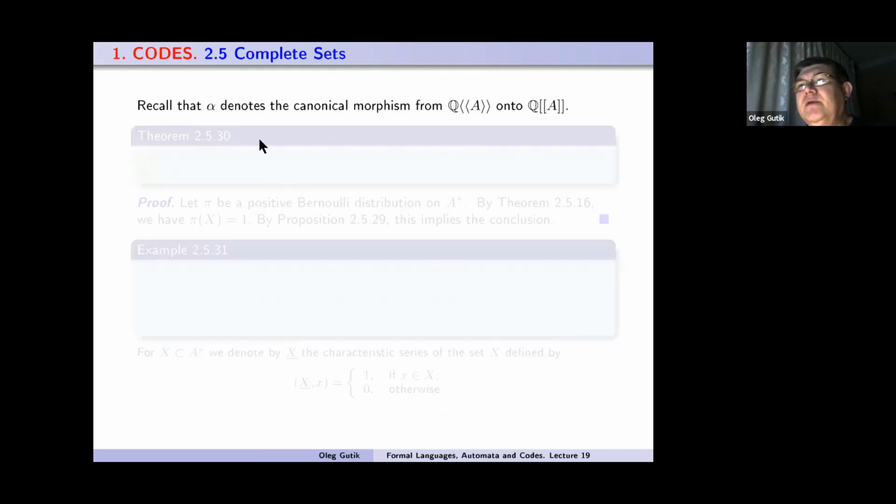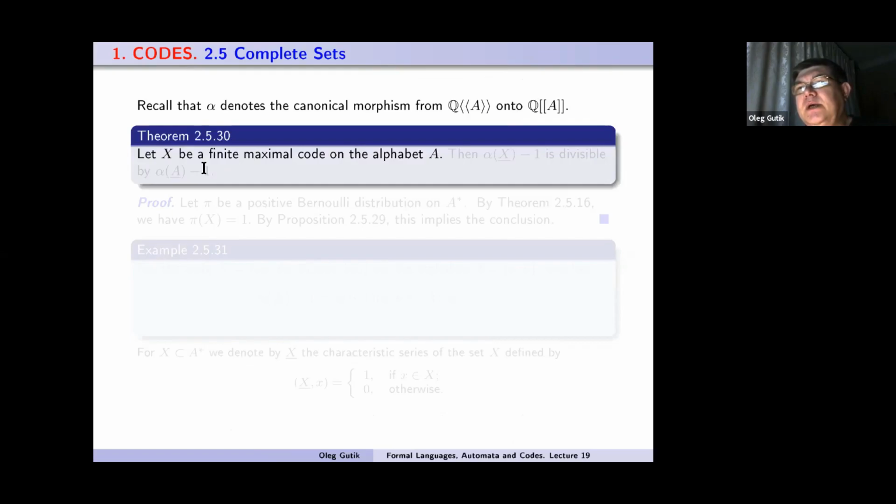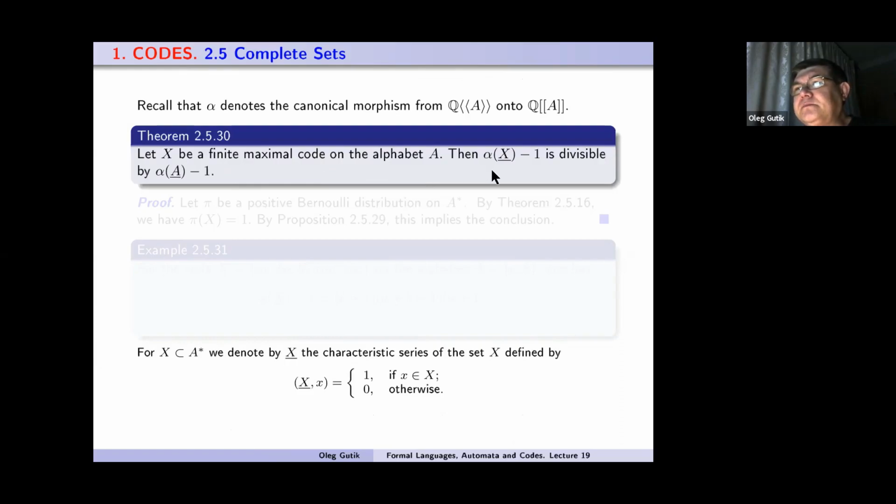Recall that alpha denotes the canonical morphism from Q of A into Q of A third. So let X be a finite maximal code on the alphabet A capital. Then alpha of X capital underline minus 1 is divisible by alpha of A capital underline minus 1.